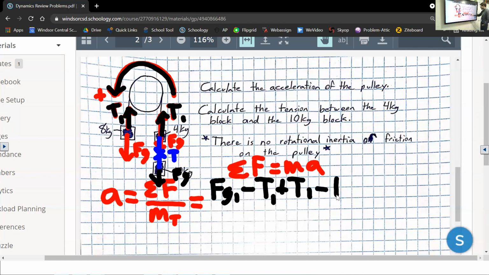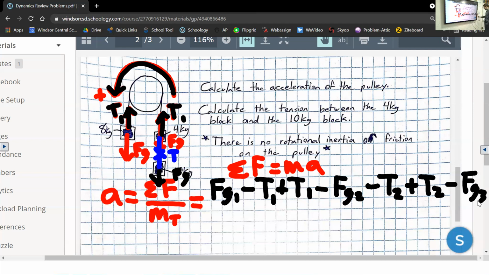Then we're going to subtract second gravity, Fg2, and then are we adding tension? No, we're subtracting it first. So minus T2 plus T2, and then lastly, minus Fg3.